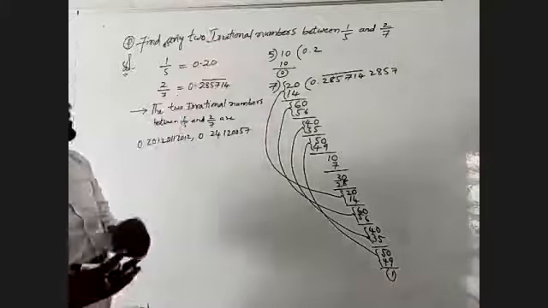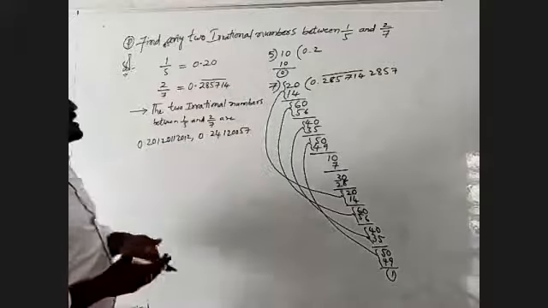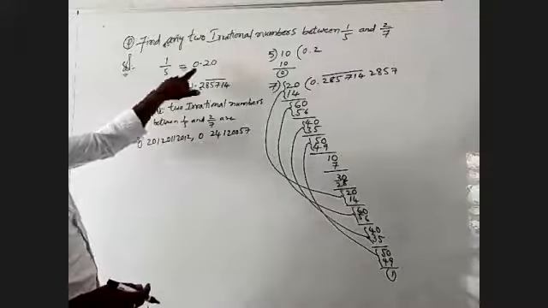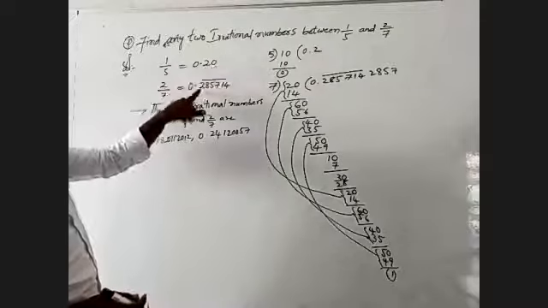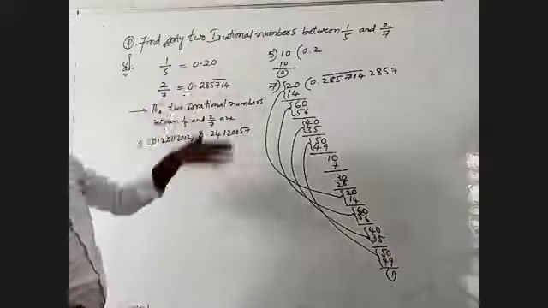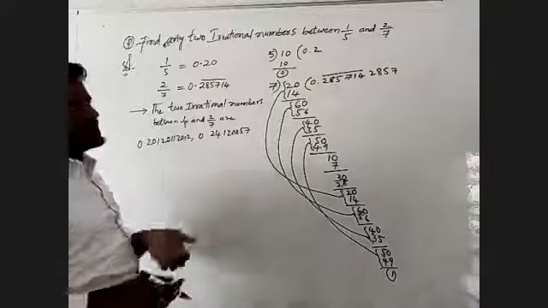So we have to write any two irrational numbers between 0.20 and 0.28.